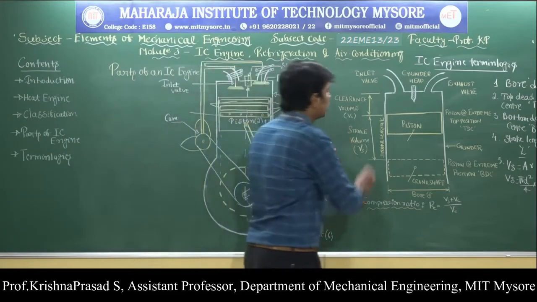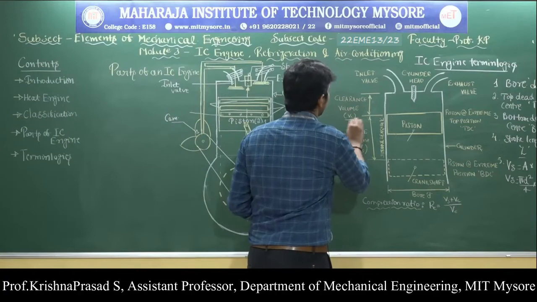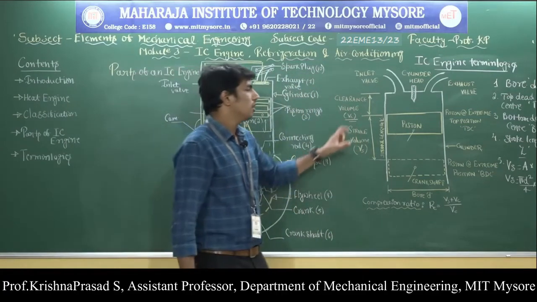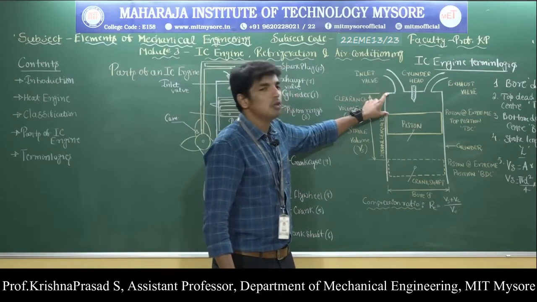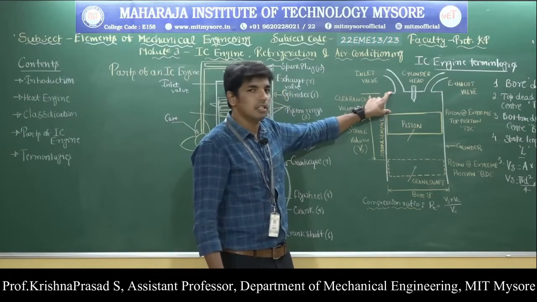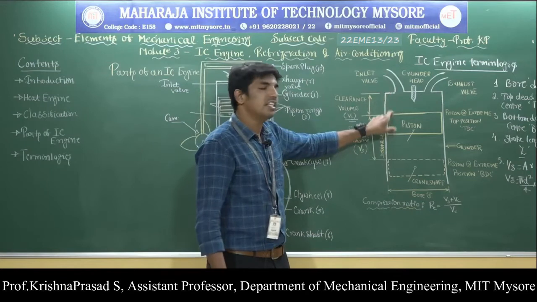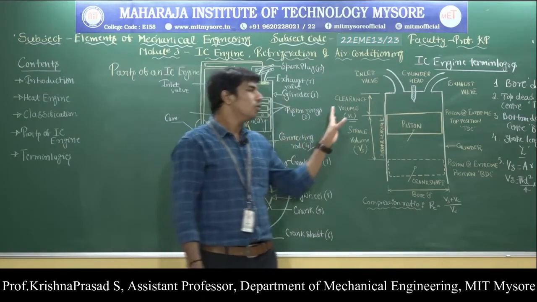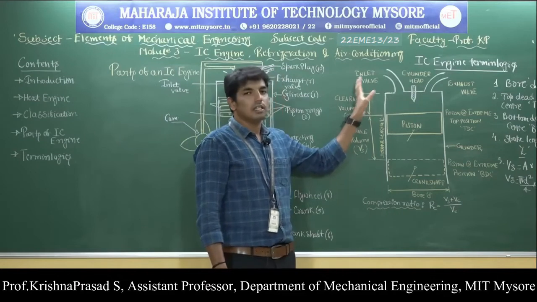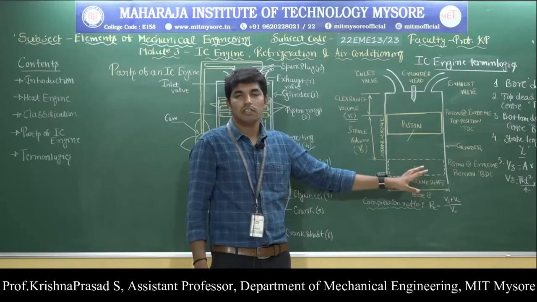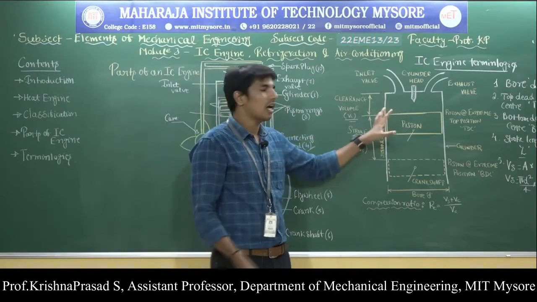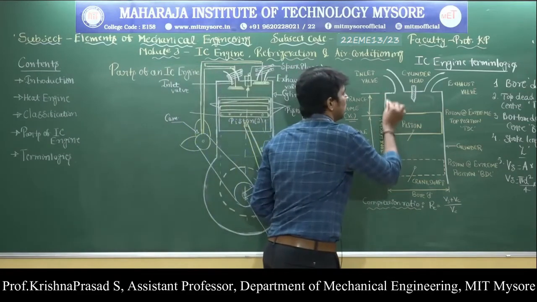Next, a very important one, the sixth one: clearance volume. What is meant by the clearance volume? Observe here, it is the volume of the cylinder above the piston when the piston is at TDC position. That means even though the air fuel mixture completely enters the engine cylinder during the suction stroke, the power developed or ignition of the fuel occurs only in this position.